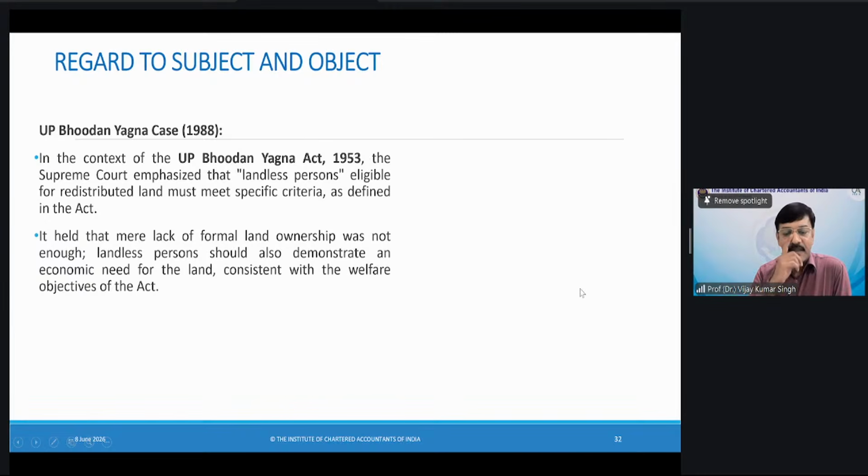Then there is interpretation with reference to subject and object. So there has to be a harmonious construction with the subject and object to be achieved. For example, in the UP Bhudan Yagya case, the Supreme Court said that the law came up to give land to landless people. You may know that in the Zamindari system, there were many people who had no land. This law came up to take larger land from the Zamindars and give it to the poor people who didn't have land.